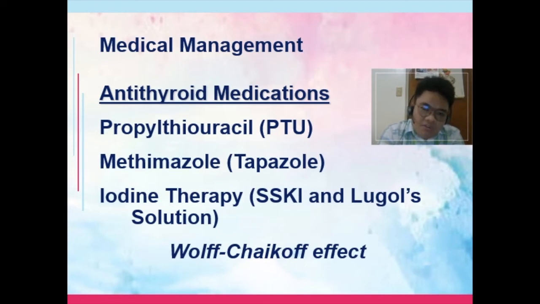So the Wolff-Chaikoff effect would stop the follicular cells in the thyroid gland from producing your thyroid hormone, even if your thyroid stimulating hormone from the anterior pituitary gland is still increased. Okay, so again, the iodine decreasing the functioning of your thyroid is referred to as your Wolff-Chaikoff effect.